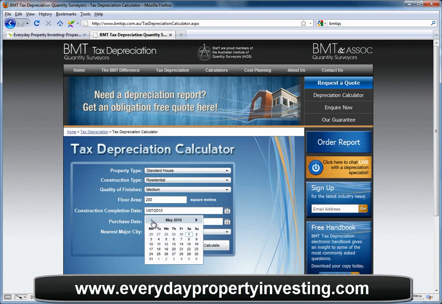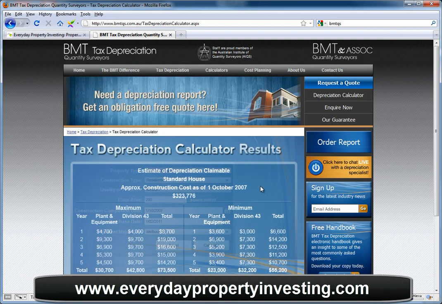So let's assume that this house was built a few years ago, in about October 2007, and I'm purchasing it. Let's pretend that settlement date is a couple of months from now, and the nearest major city is Melbourne.